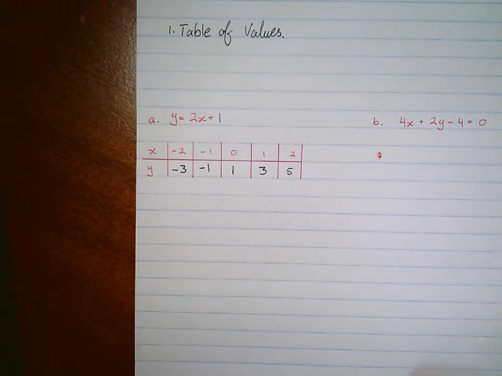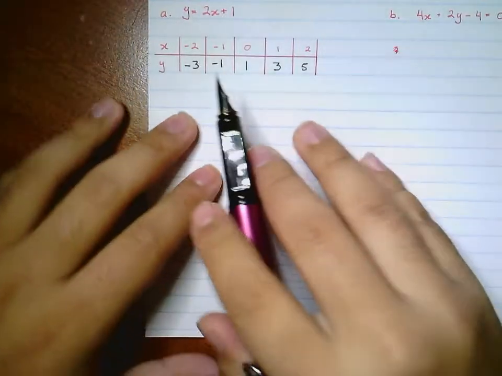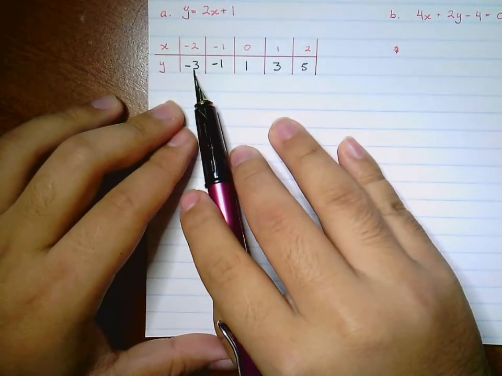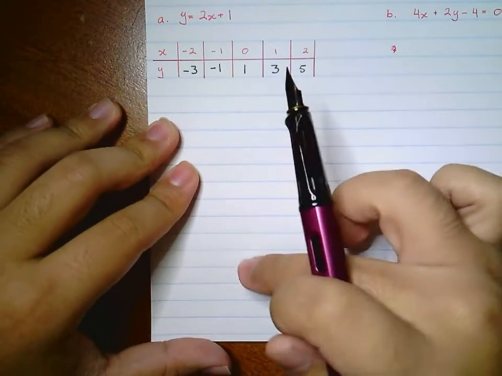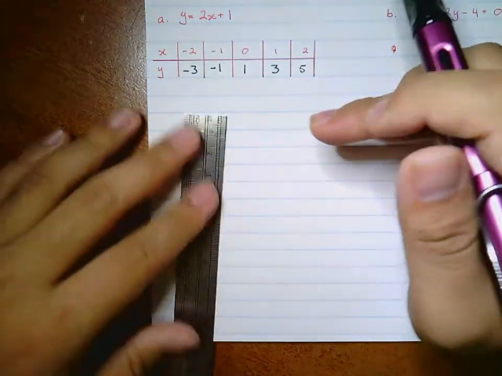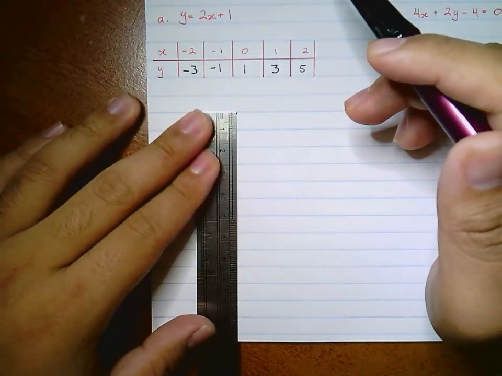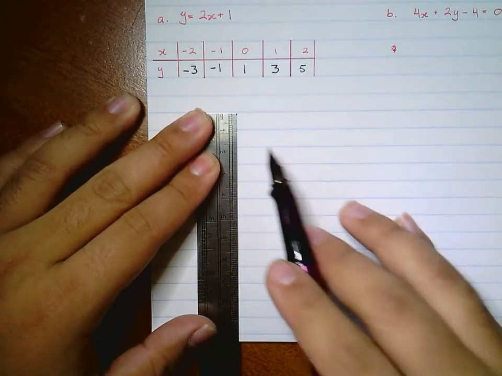So I'll go ahead and show you how to do this. If you take a look, we extend from -3 to 5. That gives us a total of 8 centimeters at least. So here we are.